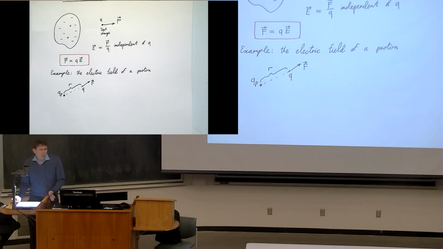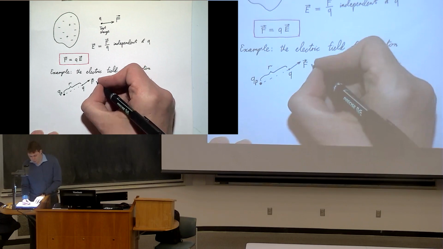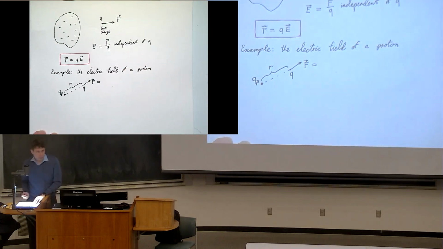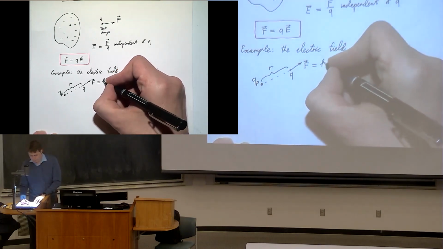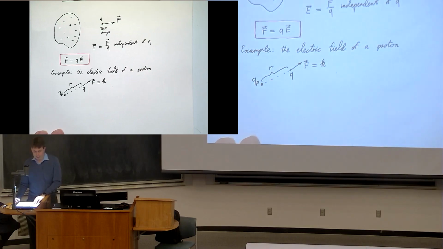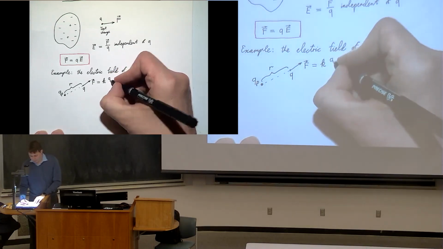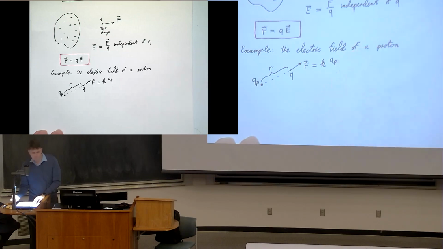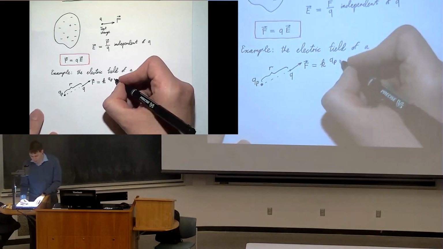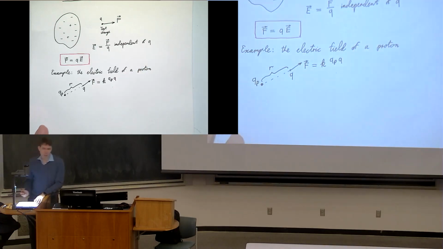Well, we know that force F, right? We know it from Coulomb's law. It's given by the constant K, the charge Qp, which is positive, charge Q, which is also positive.